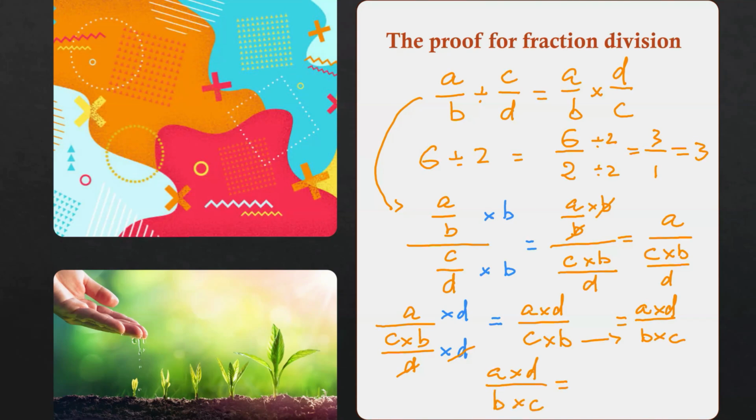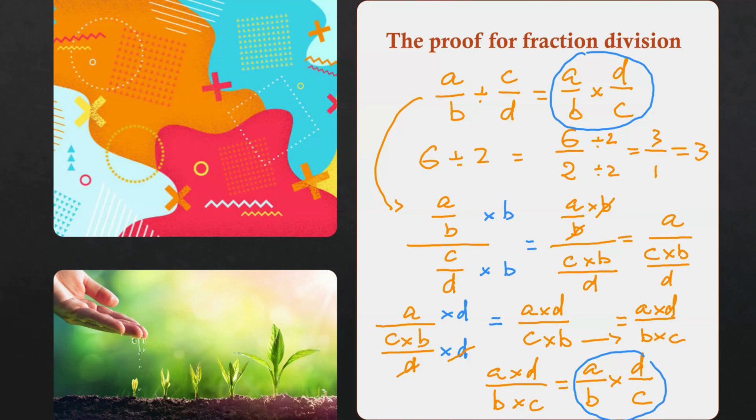We can break the thing up and it becomes a over b times d over c. Now you will see a match. What we have now matches what we have at the top. So you see, that shows you why you flip the second fraction, then you times.